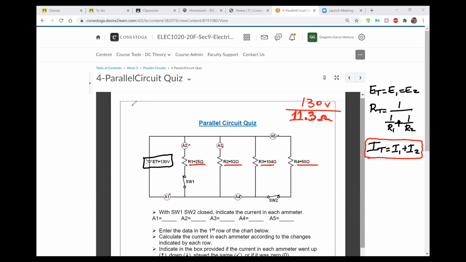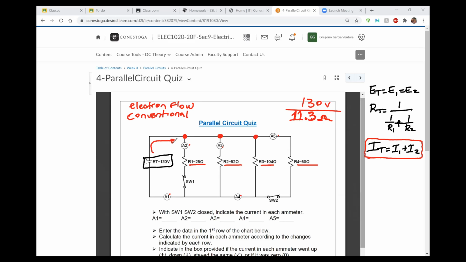Something that we have to keep in mind is that it doesn't really matter if we use the electron flow theory or the conventional flow theory. In either case, we still have the same 11.55 amps, okay? So if we have 11.55 amps, and I like to use the clockwise fashion, those are nodes.